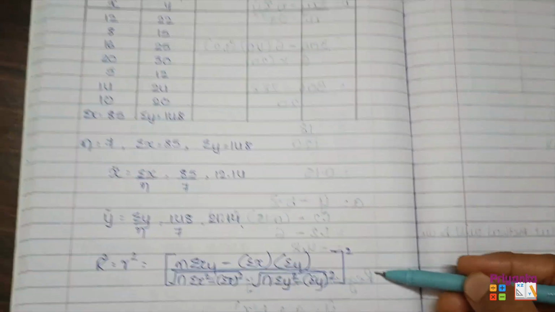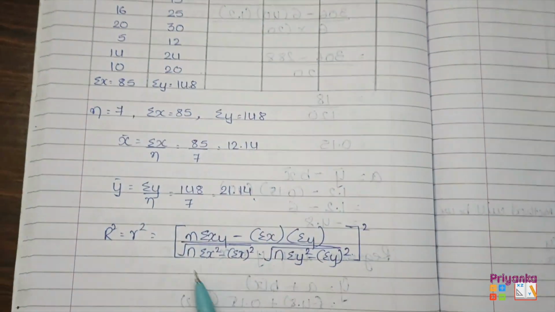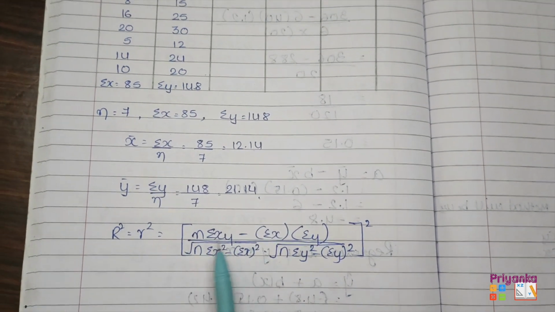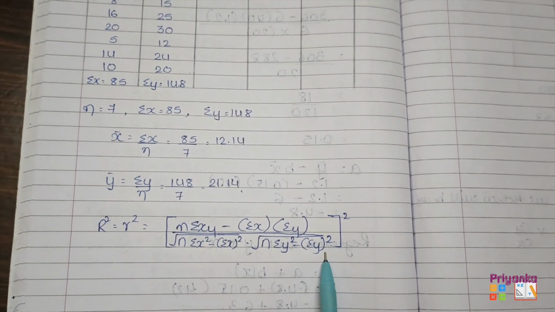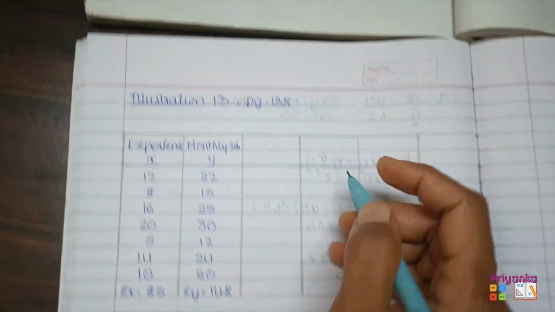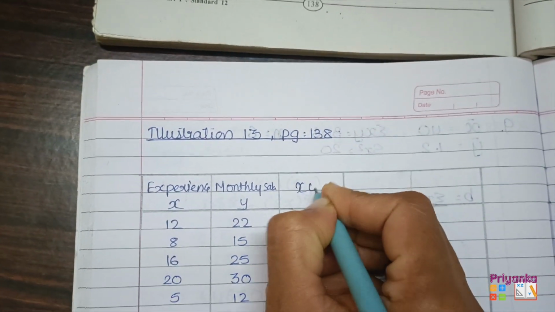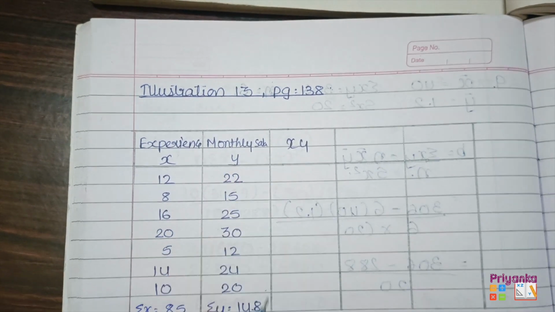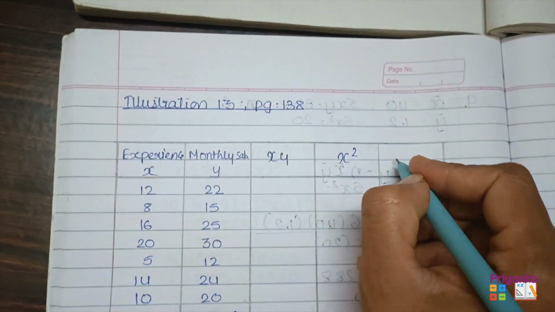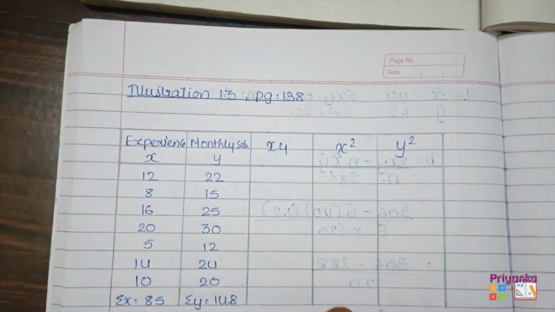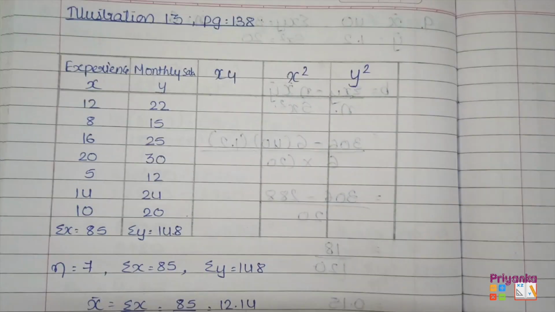For this formula, first we find the information related to it, that is sigma xy, sigma x square and sigma y square. xy is the calculation of these two columns, x square is just the square of this column, and y square is the square of the y column, which we have already done in the last chapter.